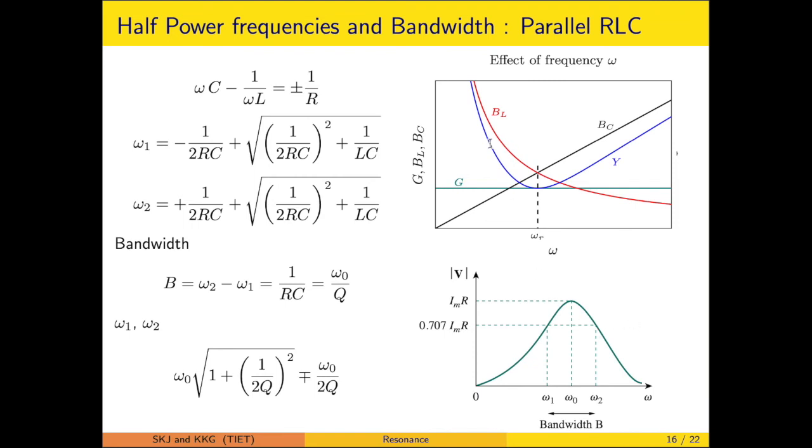Here what we will be seeing is that at omega 1, the frequency lower than the resonant frequency, the behavior of the circuit will be inductive as such. At omega 2, the frequency above the resonant frequency, the circuit behavior will be capacitive likewise.